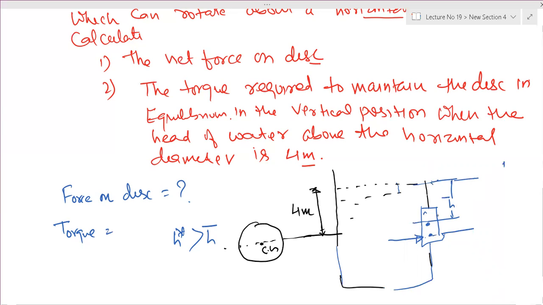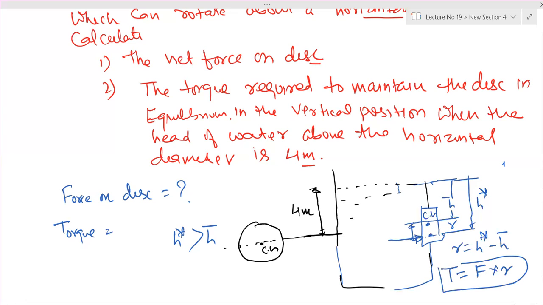This is the center of gravity, and this will be H star. This force has some eccentricity, some arm. That arm is the distance, suppose R. So R is your H star minus H bar. So torque will be your force into R. If you apply this much torque here, then it will be in equilibrium. This much force at this distance, or this many torques.